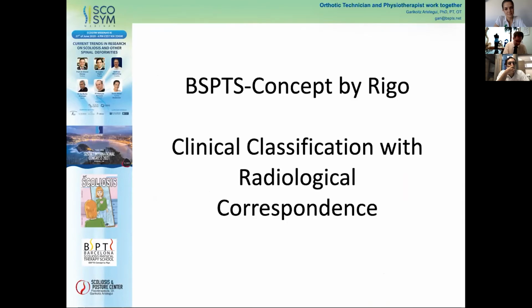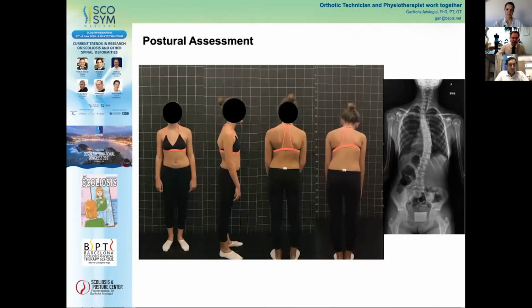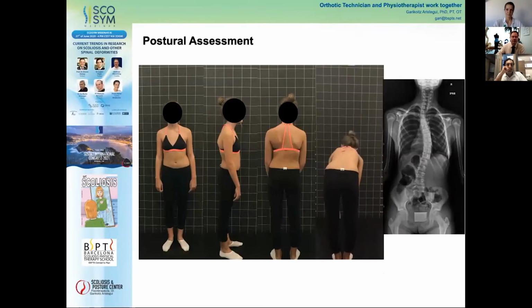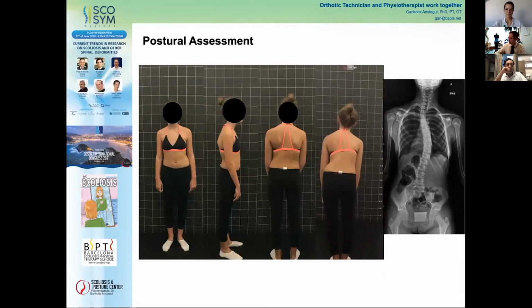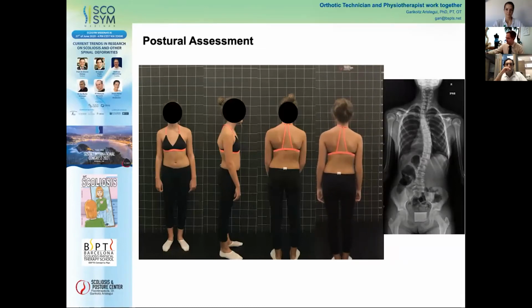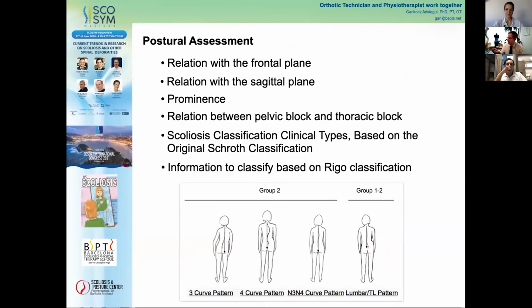Well, what is the thing that we can see about the Rigo classification? The first thing is that it is going to use two parameters. The first is the clinical, and the other one is the radiological parameter. Now, when we are speaking about the clinical, we are going to do the postural assessment. And when we are doing this, we are going to speak about the relation with the frontal plane, the relation with the sagittal plane.